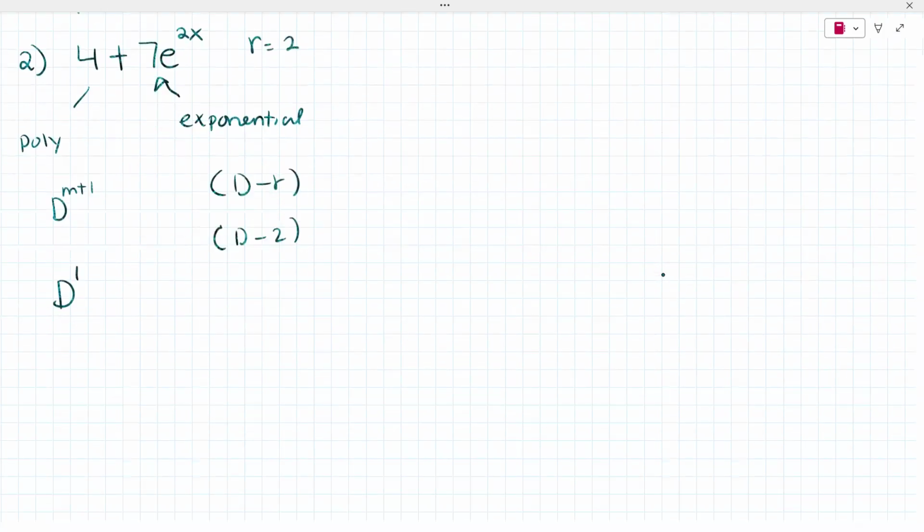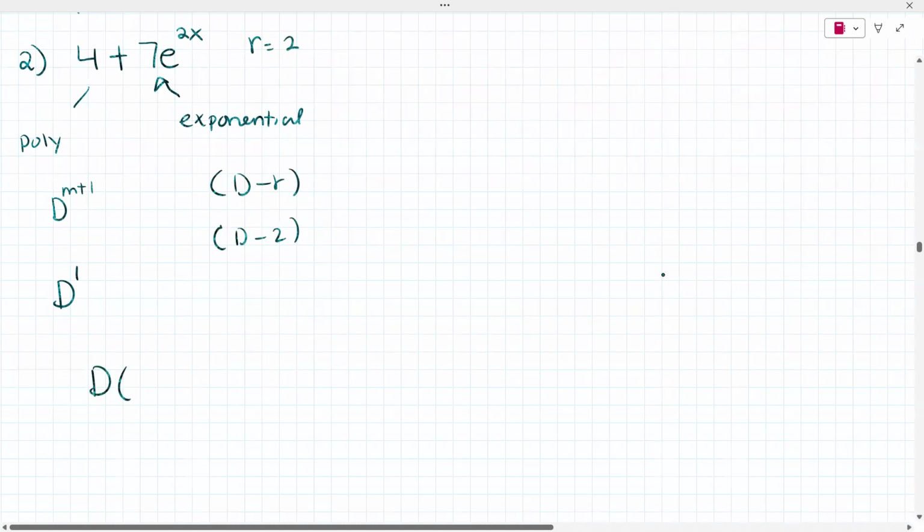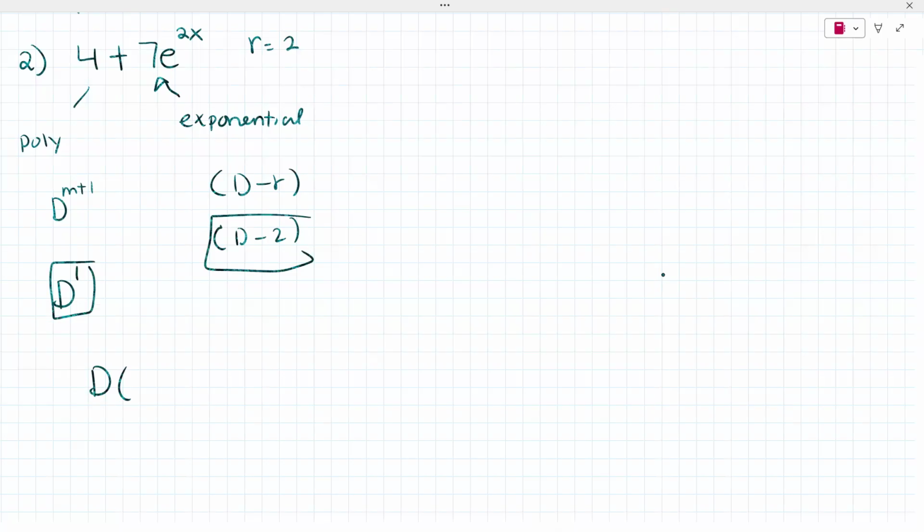So we have two factors: a D and a D minus 2. We multiply those two together, and that's what we get.